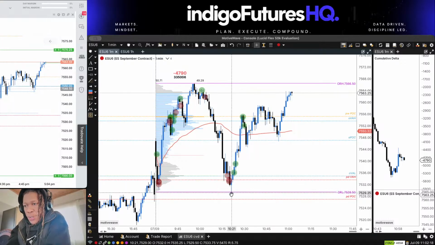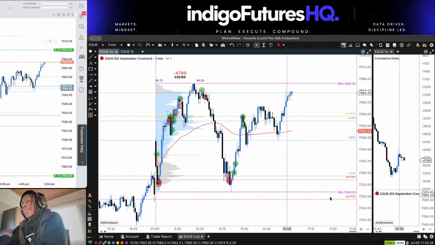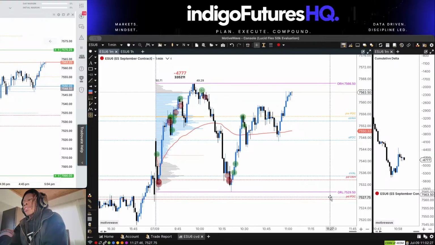A rotation from there, letting go from here, this would be the magnet for price. If you're so close, you might as well just hit that initial balance. Yeah, maybe on this push up. 564.